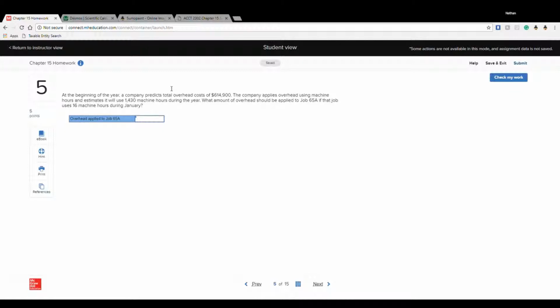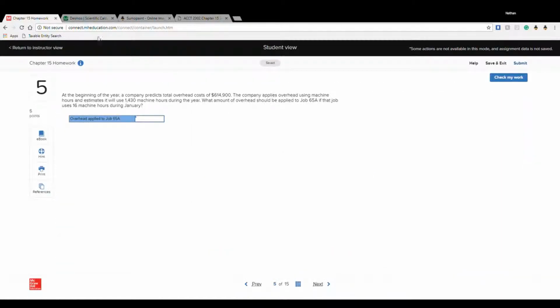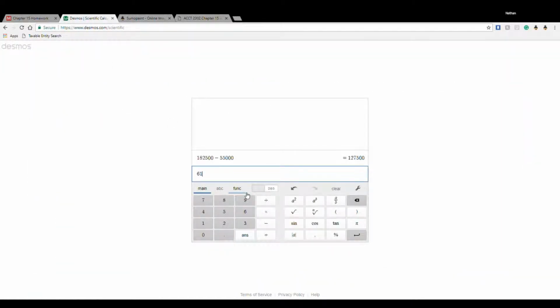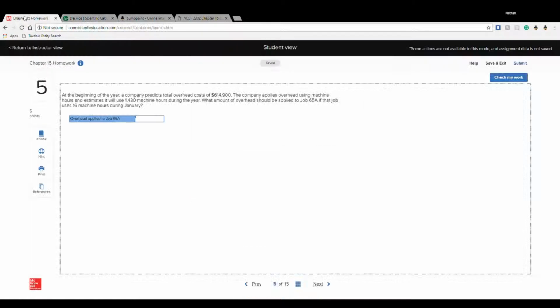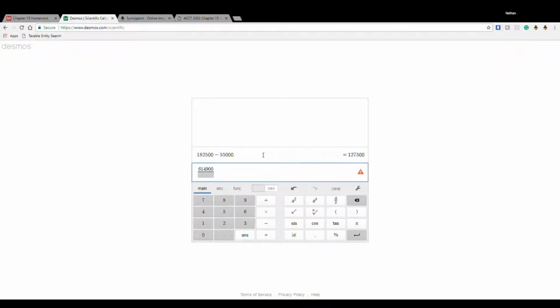So with this, we take our estimated overhead cost, which again we take out our calculator, 614,900, and we divide it by the total machine hours. So 1,430. It says each machine hour is worth $430 to us.